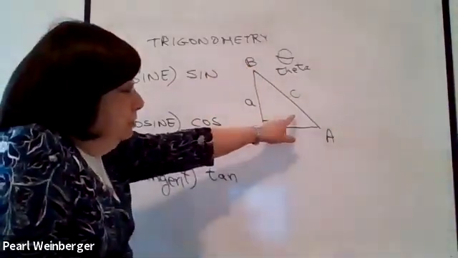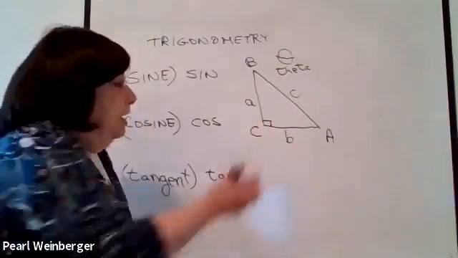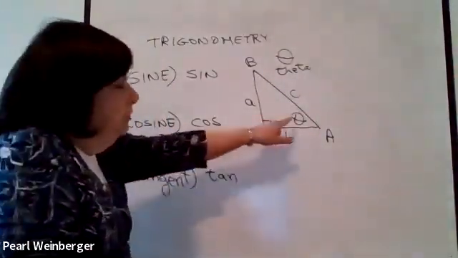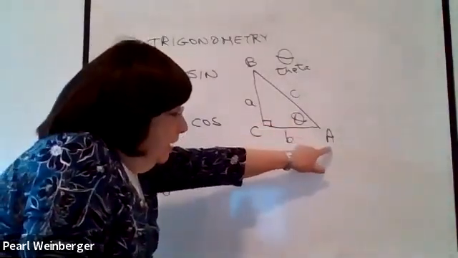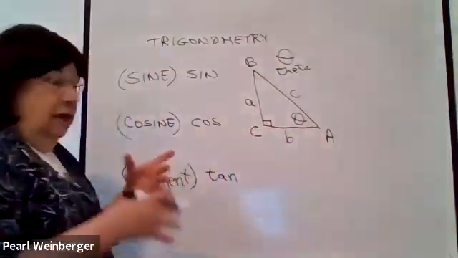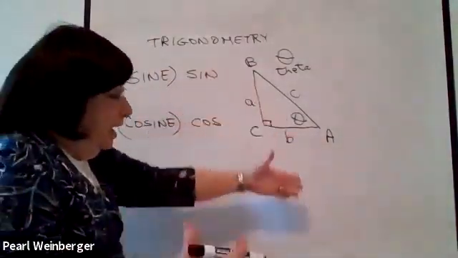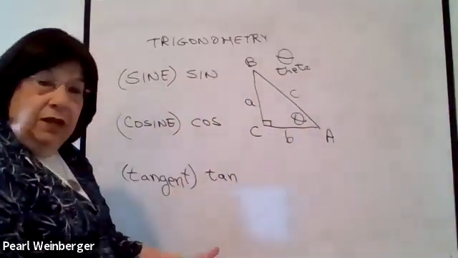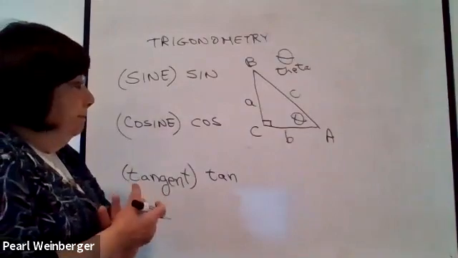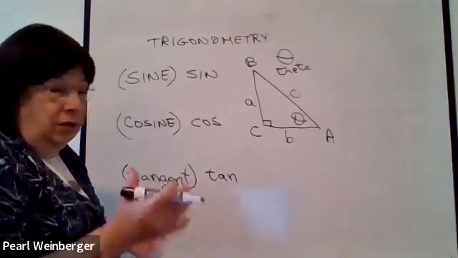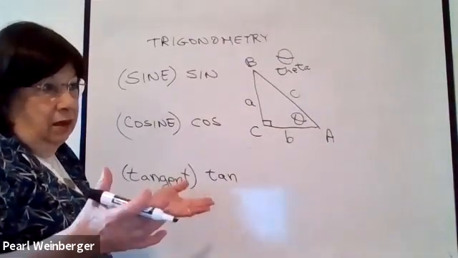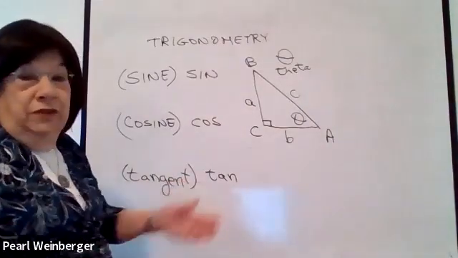In other words, instead of calling this angle A, you may see this symbol of theta. I can call this angle A, or I can call it angle theta. Sometimes it's done with the regular English letters. Sometimes it's done with the Greek letters. There's nothing very special about it, except that it's used exclusively for us.